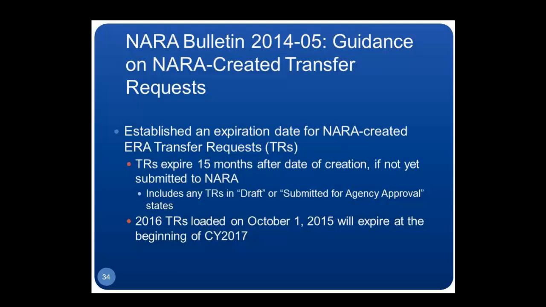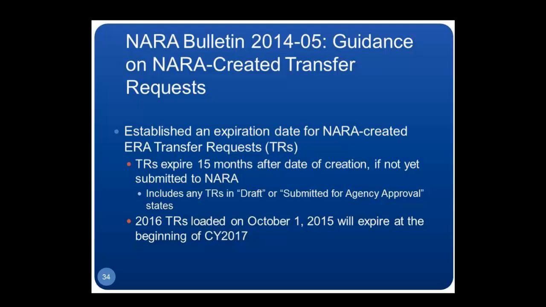All of these NARA-created transfer requests expire 15 months after their date of creation if they have not yet been submitted to NARA. This would include any transfer request in draft or submitted for agency approval statuses if they had never been proposed to the National Archives. Okay?